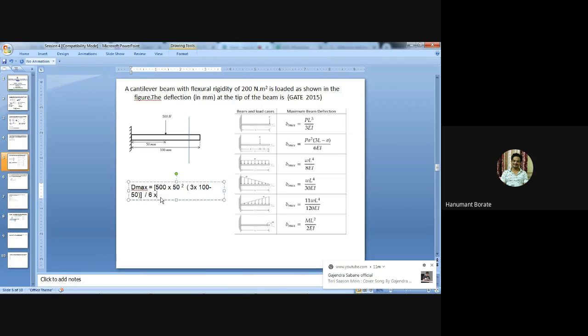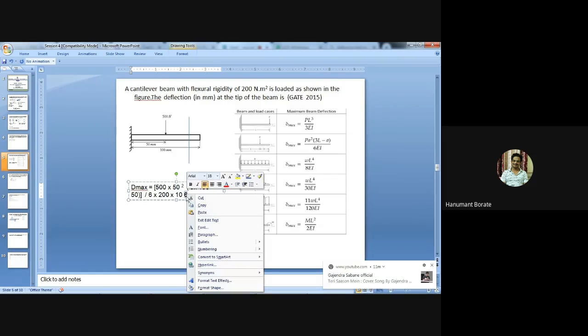Six into EI, the value of EI is given as 200, but we need to convert it into Newton mm square, so multiply by 10 raised to 6. Now calculate the value.